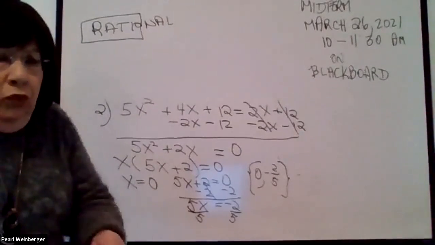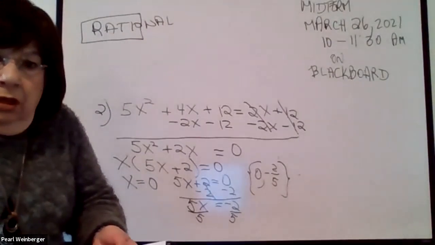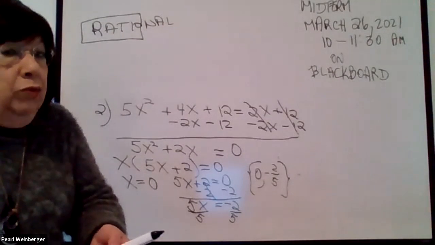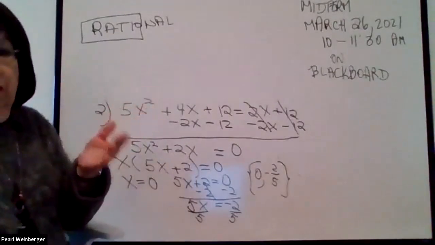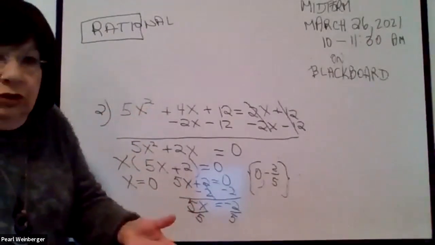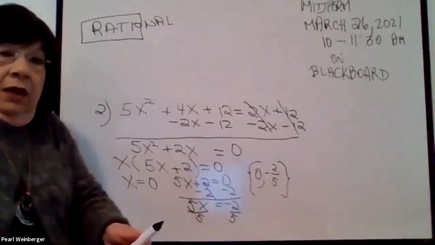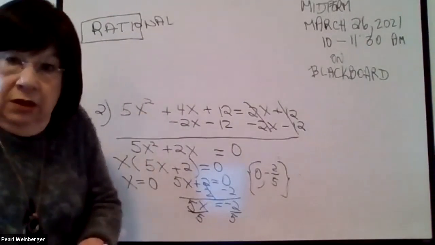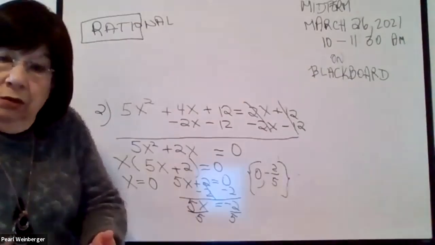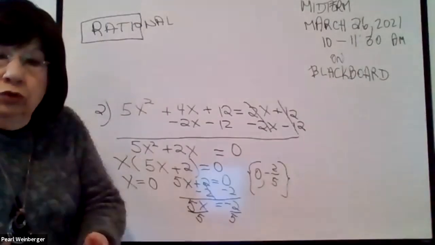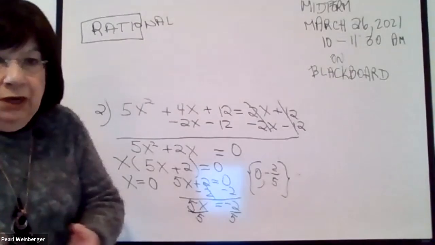So when they talk about rational expressions or rational equations, all we're talking about is fractions in equations, fractions in algebraic expressions. And all the things that you know how to do with regular fractions, you can do with these rational expressions, these algebraic fractions.